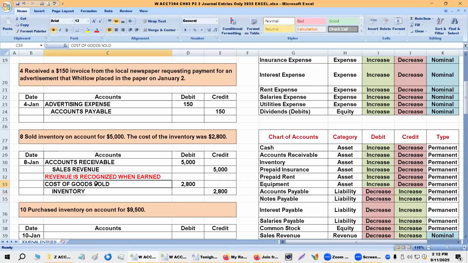So our cost of goods sold, again, is kind of like an expense. But we're not going to pay it in cash. We pay it in goods. Instead of paying an asset of cash, we are giving them an asset of goods, and it's leaving the place, so we have to take it off our books. We no longer have it.